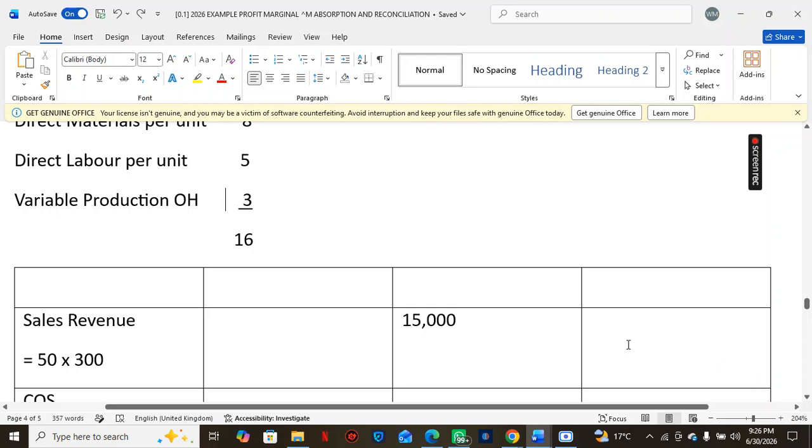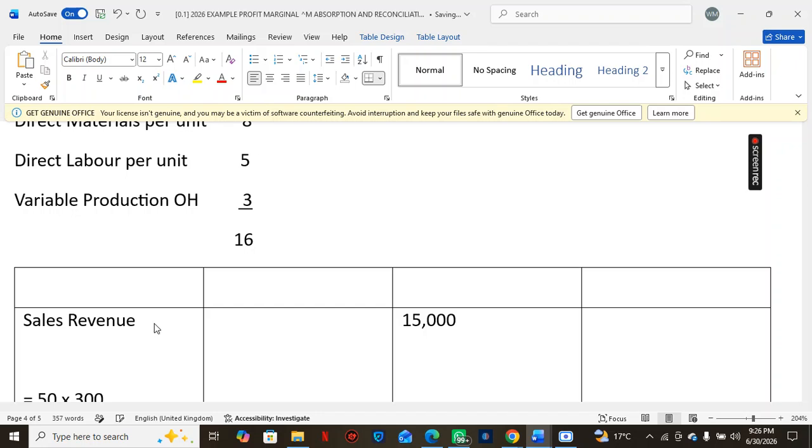As always, we're going to start with the sales revenue. Sales revenue is the selling price per unit multiplied by units sold.